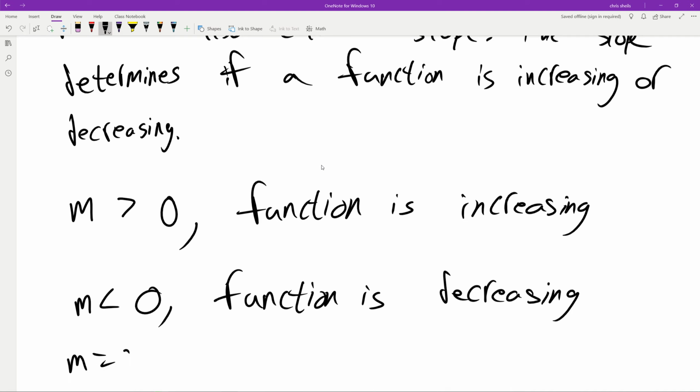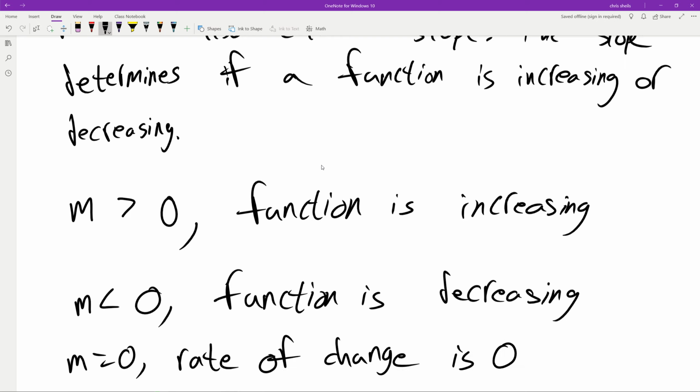And if m equals 0, this means that my rate of change is 0. So my rate of change is 0, which means that my function is constant.